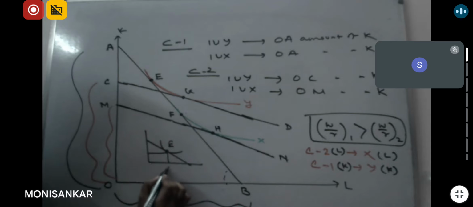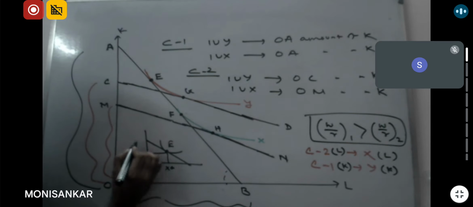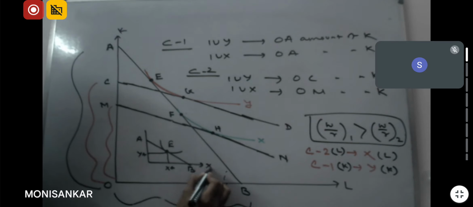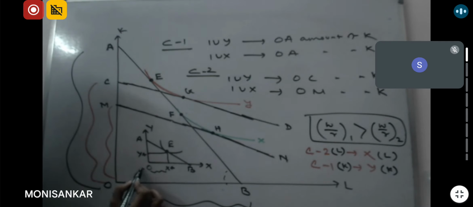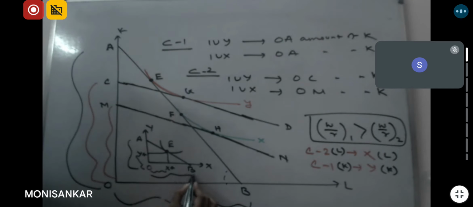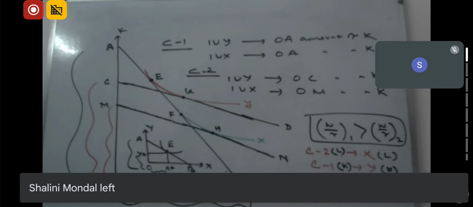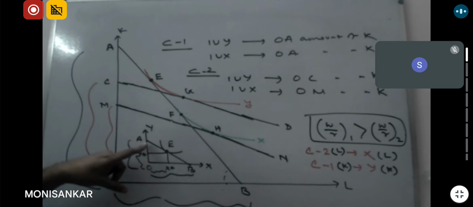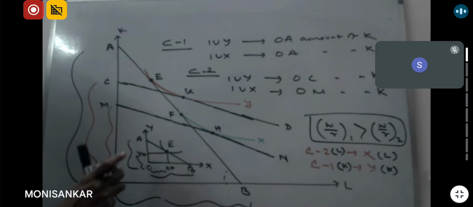So here you purchase this amount of X and that amount of Y. Okay. So your expenditure X star X plus Y star Y equals your M, and that value equals OA in terms of goods, OA amount of Y. In terms of X, OB amount of X. The matter is the same, because A, B, E all lie on the same budget line. So the same thing is there.